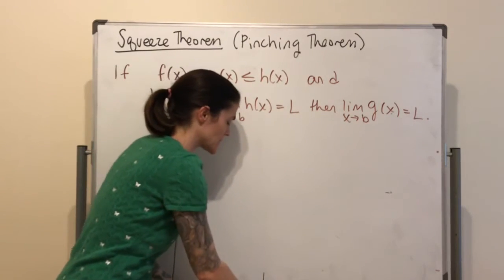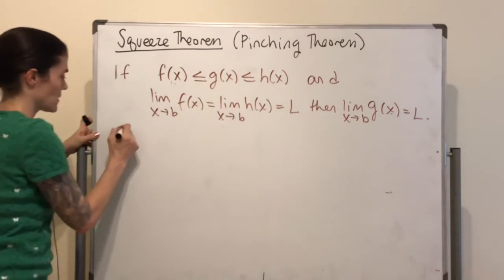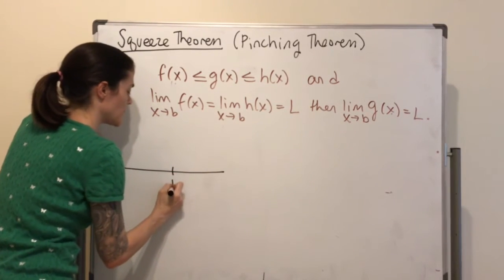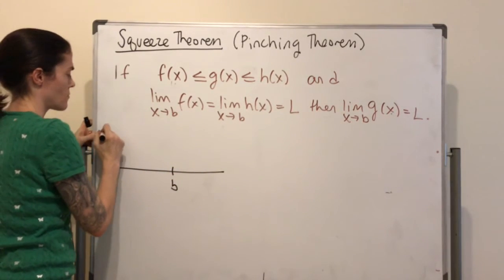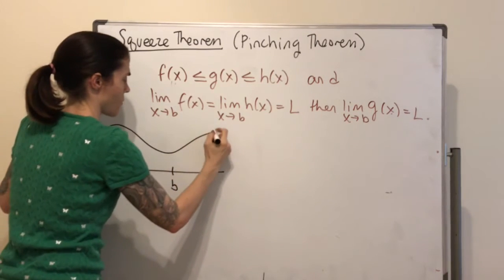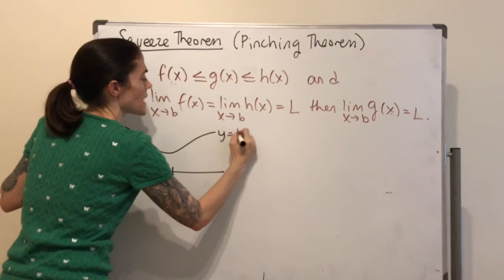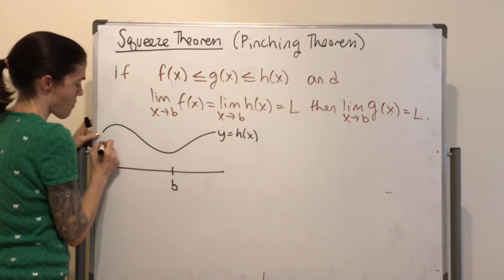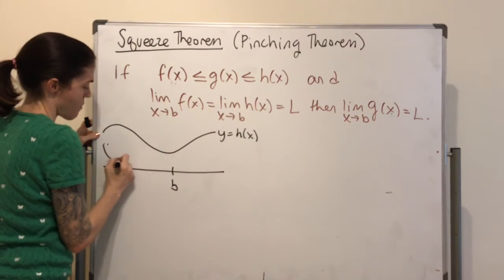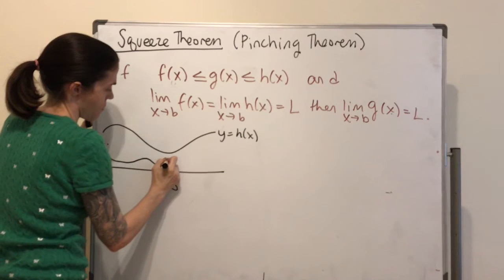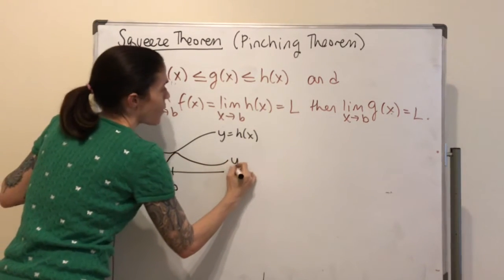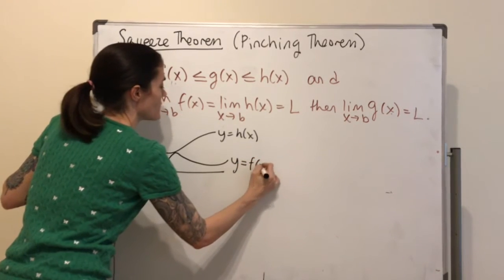Very nice. Let's draw a picture. We have b. We have y is h of x. We have y equals the bottom one, f of x.